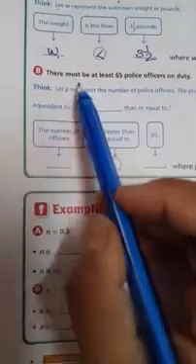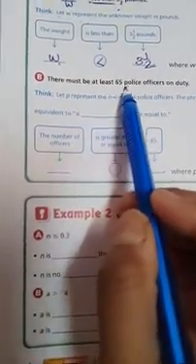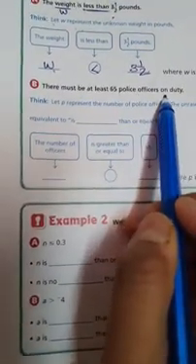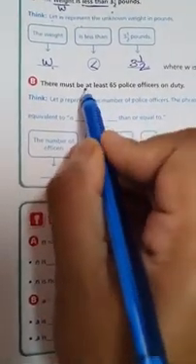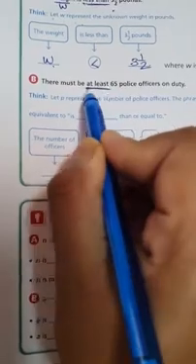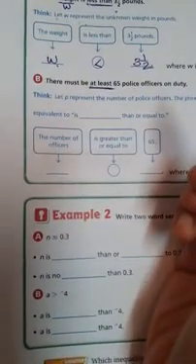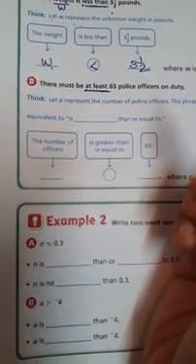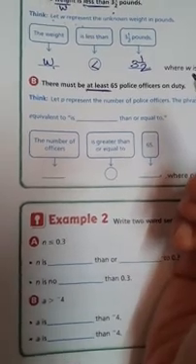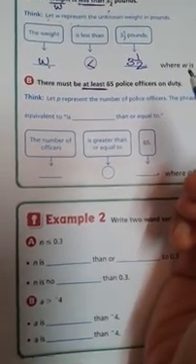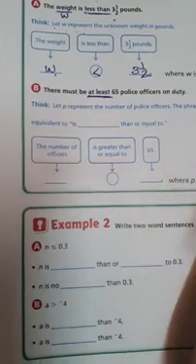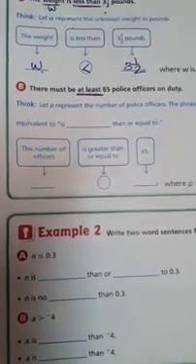Part B, there must be at least 65 police officers on duty. Now at least, this word at least means what? Now if I say you must at least get 8 marks, means can you get 7? No, you should get 8 or more than 8 when I say at least 8.